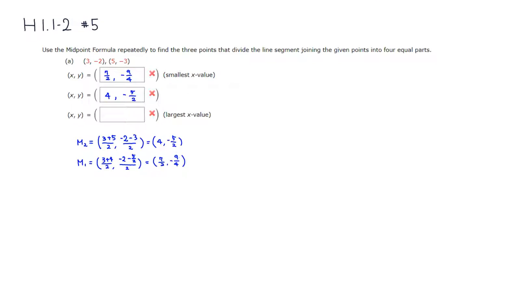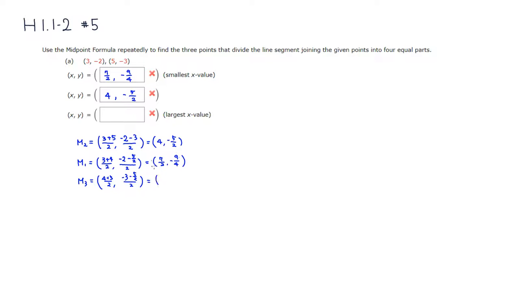And the last one is the midpoint between 4 comma negative 5 over 2 and 5 comma negative 3. I'm going to call that one M3. So we have 4 plus 5 over 2, and then negative 3 plus negative 5 over 2, over 2.